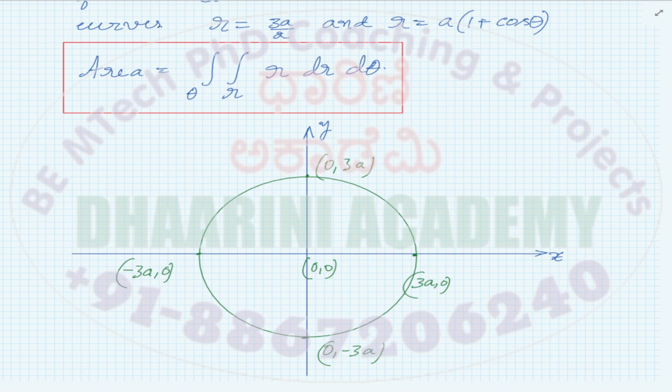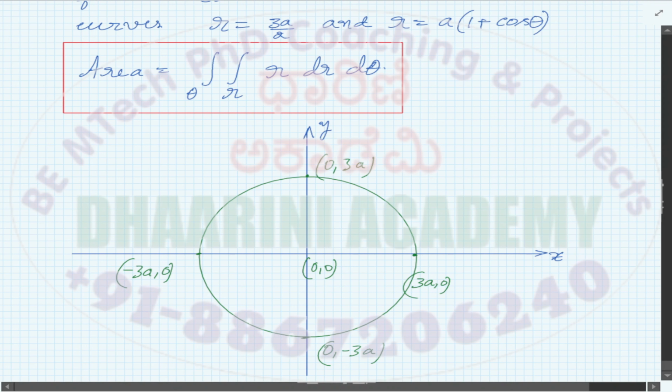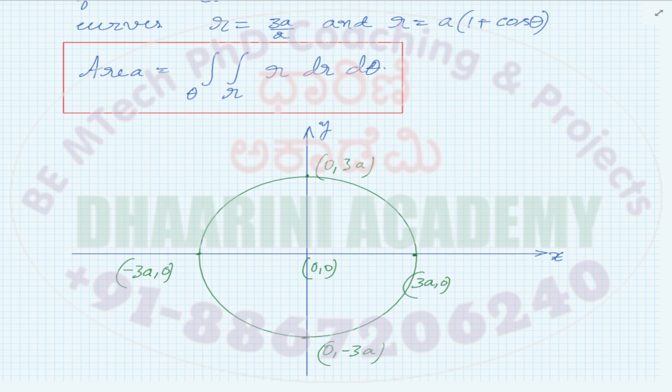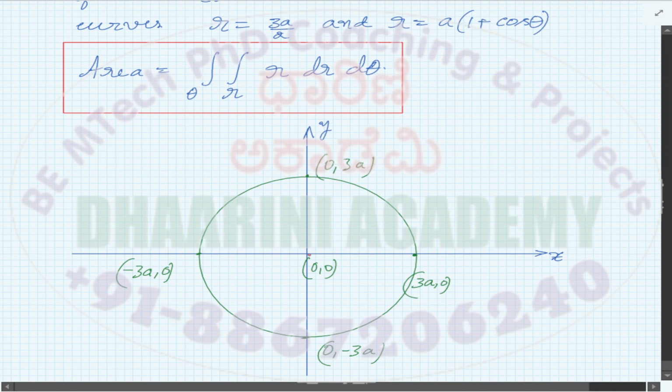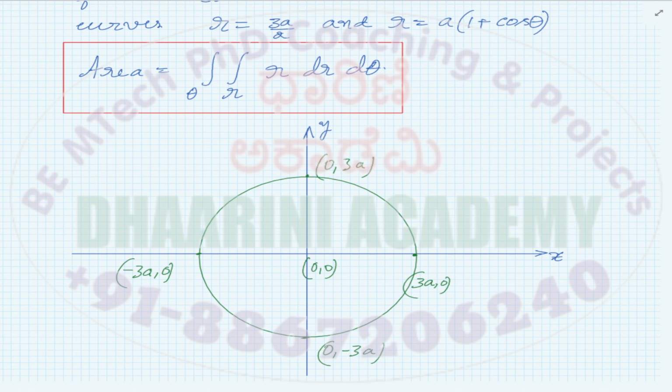Now let's go to the second curve. The second curve is also a very standard curve, so let me write that. It actually begins at 0. Let me use this color. If this is 3a, sorry, it's not 3a, it should be 3a by 2. Sorry, my mistake, I'll correct that.